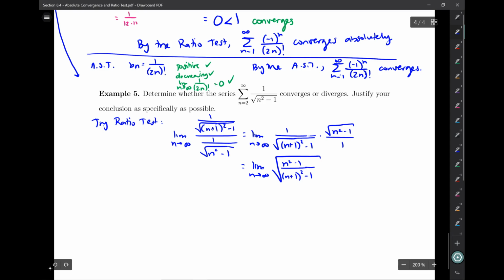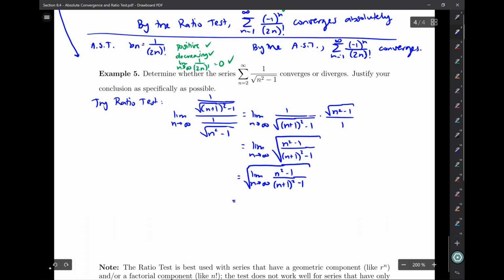Okay, and then I think probably what I would do here is use the continuity property that square root is a continuous function. So this is the square root of the limit as n goes to infinity of n squared minus 1 over n plus 1 squared minus 1. It might be obvious to you that this limit is going to end up being 1, but we can go ahead and use L'Hopital's rule as well, just to make sure we're really justifying that.